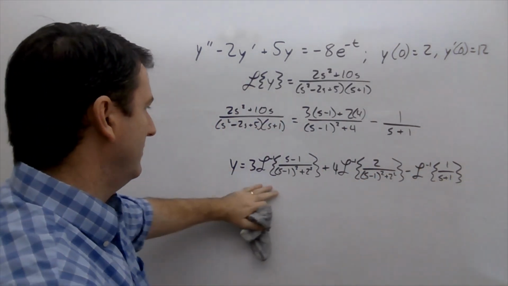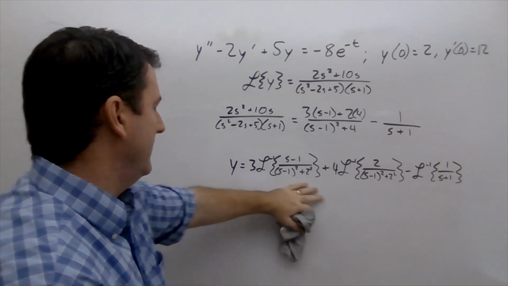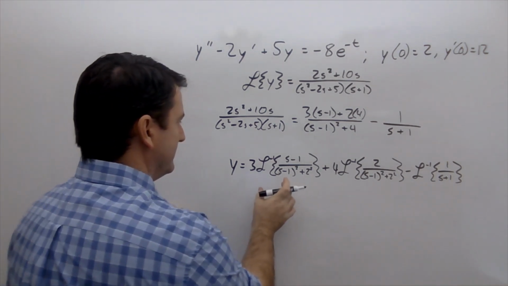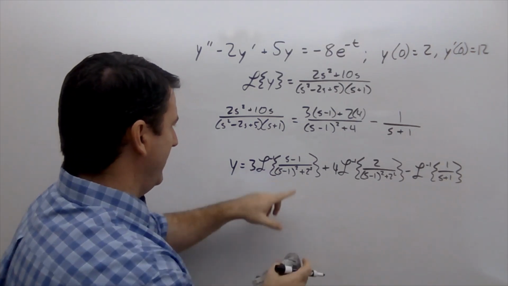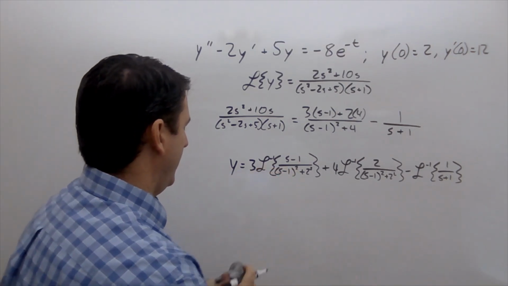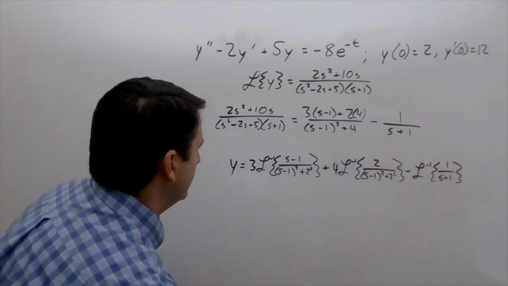Okay, and now the inverse Laplace transform of this is e to the at cosine of bt, where a is 1 and b is 2.